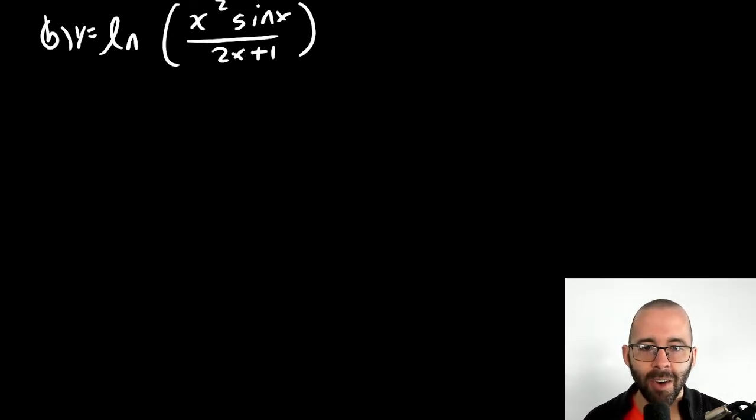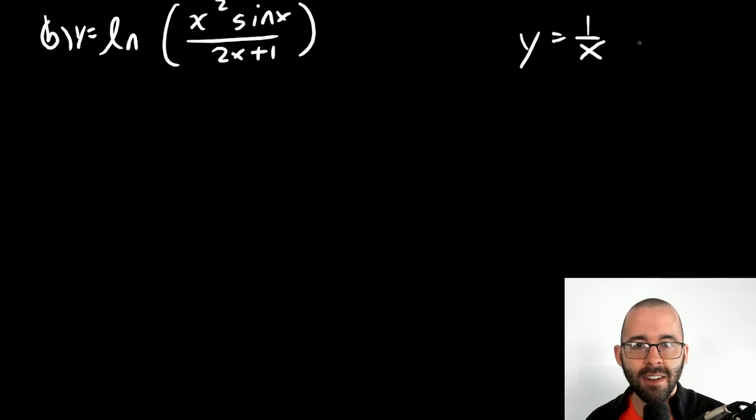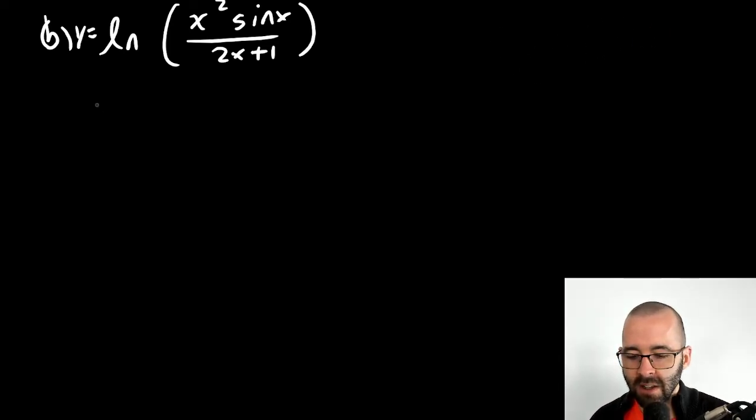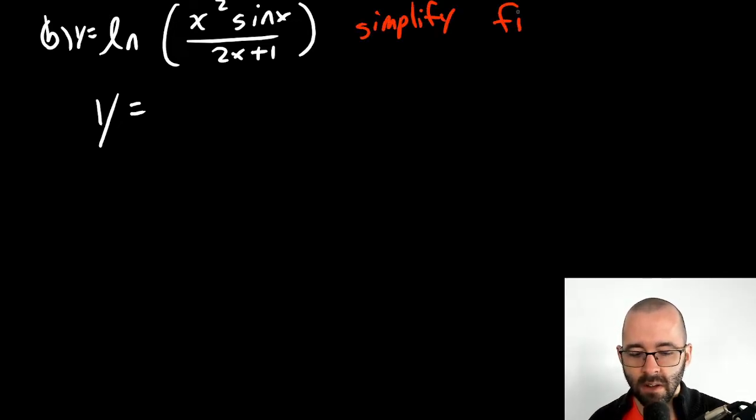Remember what you know about logarithms. Just like if I asked you to take the derivative of this, I would have you rewrite it first as x to the negative first power. Well, let's rewrite this one too, using properties of logarithms. Let's simplify first.